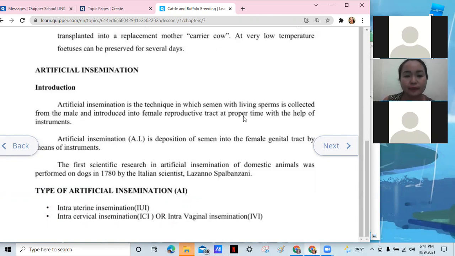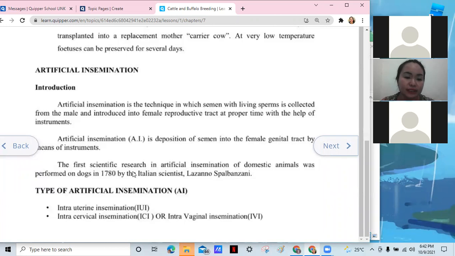In this technique, semen, of course living sperm, is collected from the male and introduced to the female reproductive tract at the proper time with the help of an instrument, the gun from earlier. So it is the deposition of semen to the female genital tract by means of instruments.